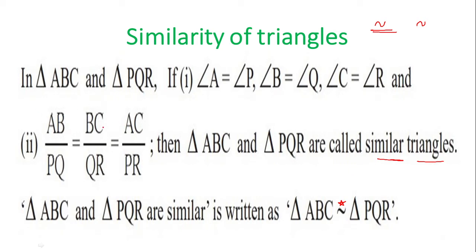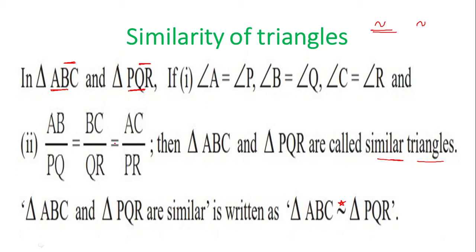Now let's see how you are going to take the sides. Children, see, here you have the names of the triangles ABC and PQR. So you will take the first two of each triangle, AB upon PQ. Then BC upon QR.